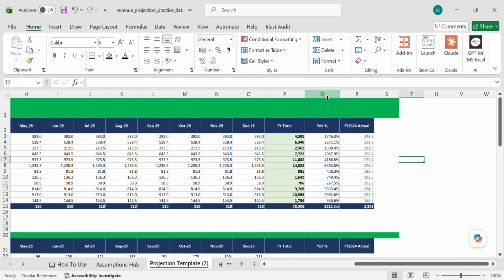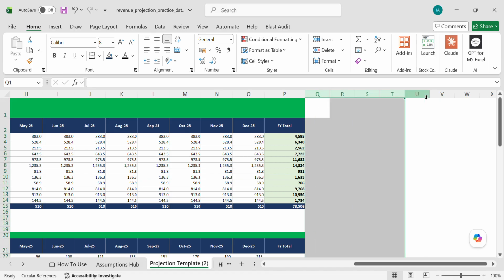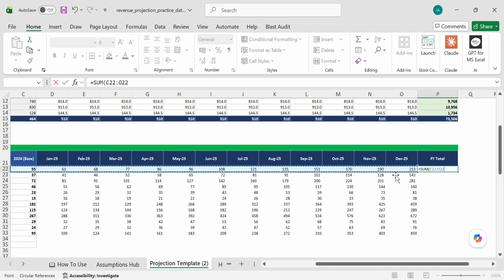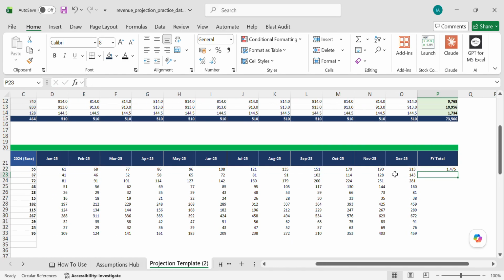You have the actual. So you can take this one off. So everything looks properly neat. So total quantity for the year.